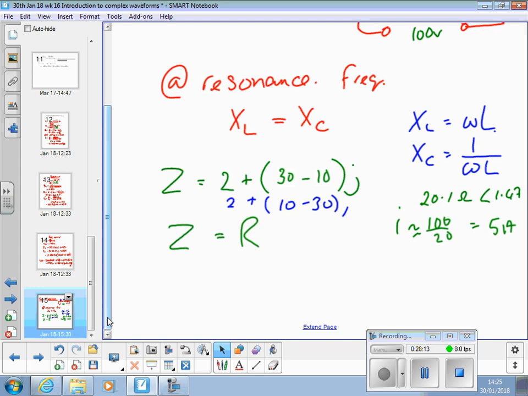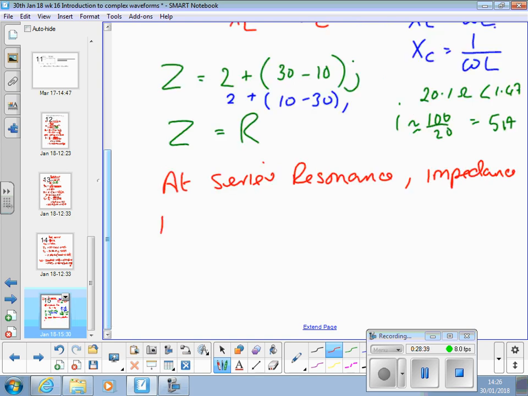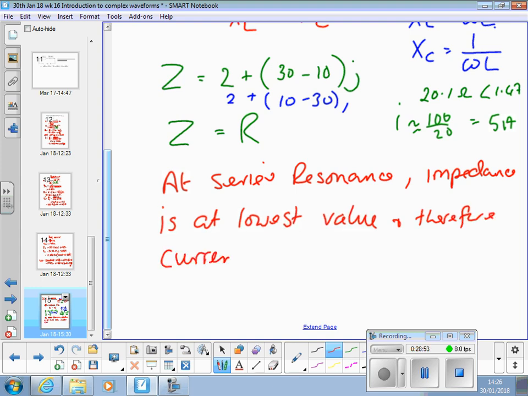Yeah? So what we can say is, at resonance, qualify that with series, impedance is at lowest value, and therefore current is highest, and actually it drops off quite quickly either side of resonance.